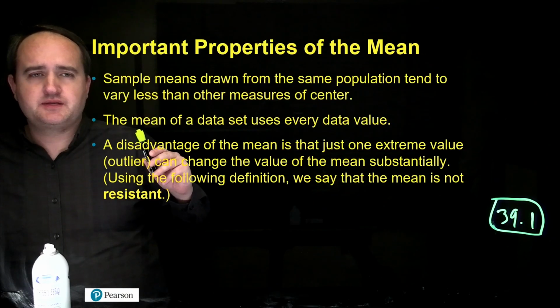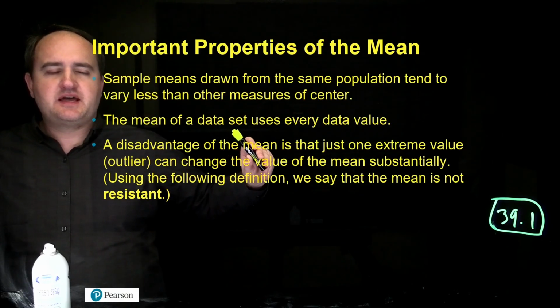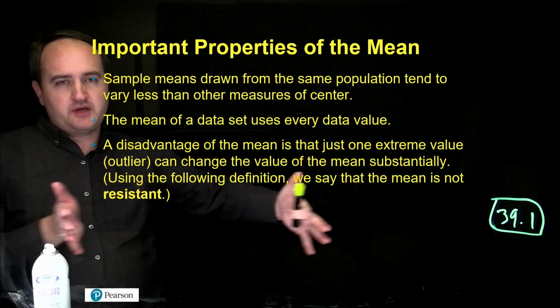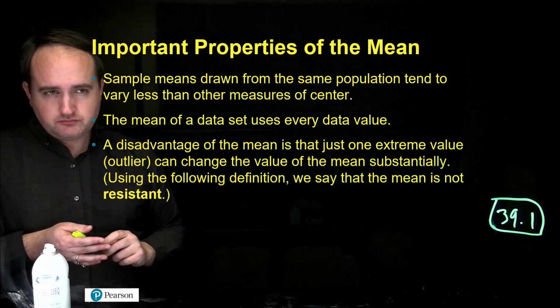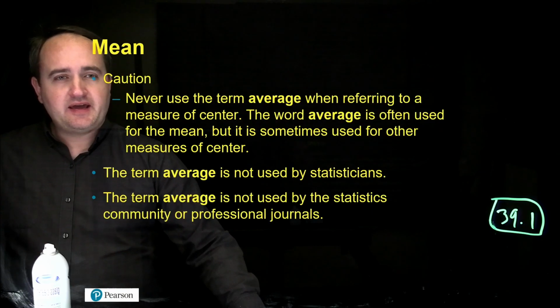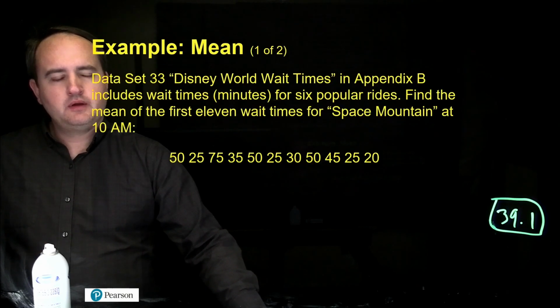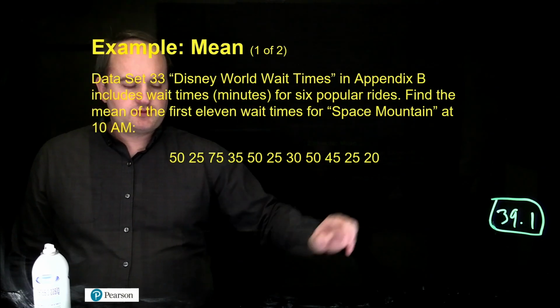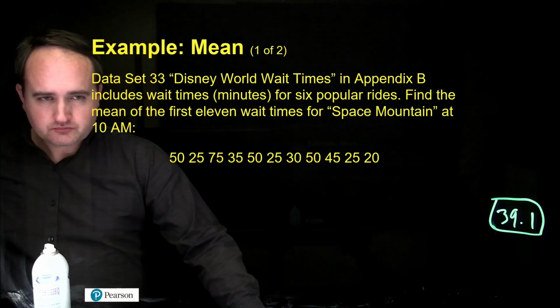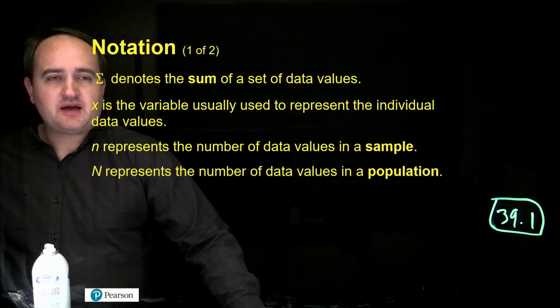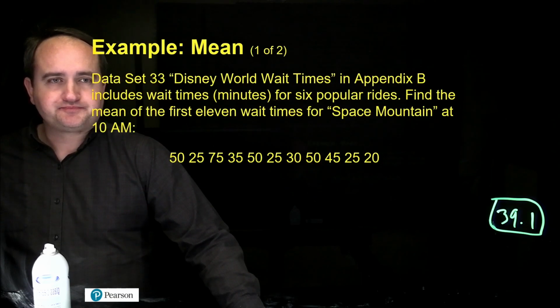Next interesting fact is the mean of a data set uses every data value. So you will notice that in the calculation that we just did, we used every single data value. So we used all of these numbers. The fact that we use every data value is probably a good thing.